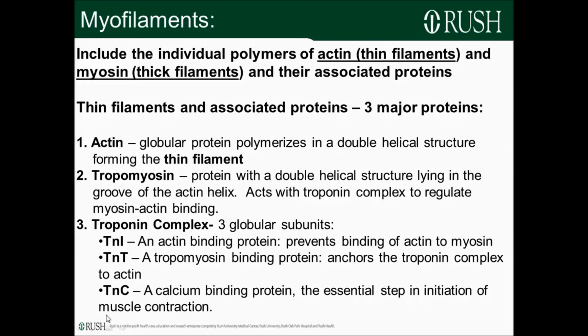TnI is an actin binding protein, which actually prevents the binding of actin to myosin; that's regulatory. TnT is a tropomyosin binding protein, which anchors that troponin complex to the actin, and TnC is a calcium binding protein, which is very important in the initiation of muscle contraction.